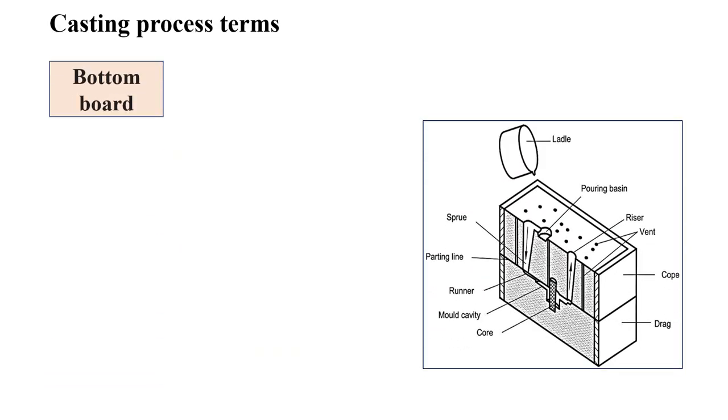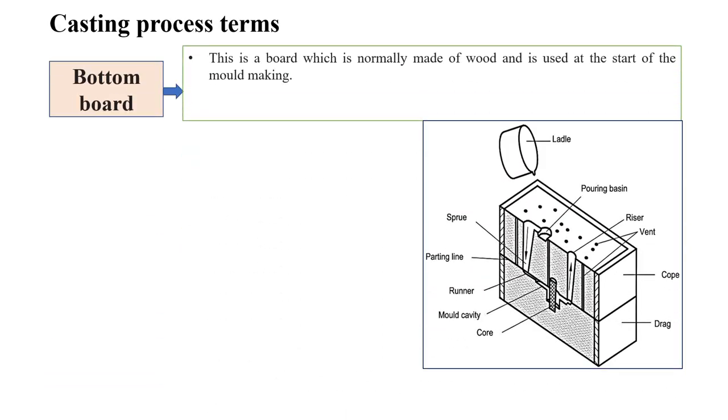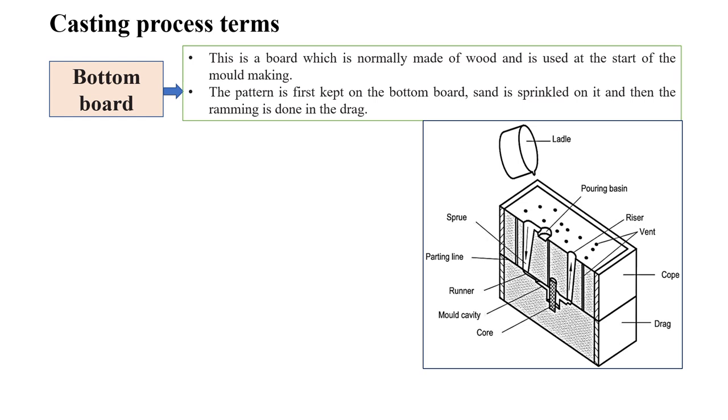The bottom board. The bottom board is normally made of wood and is used as the start of mold making. The pattern is first kept on the bottom board, and sand is sprinkled on it.